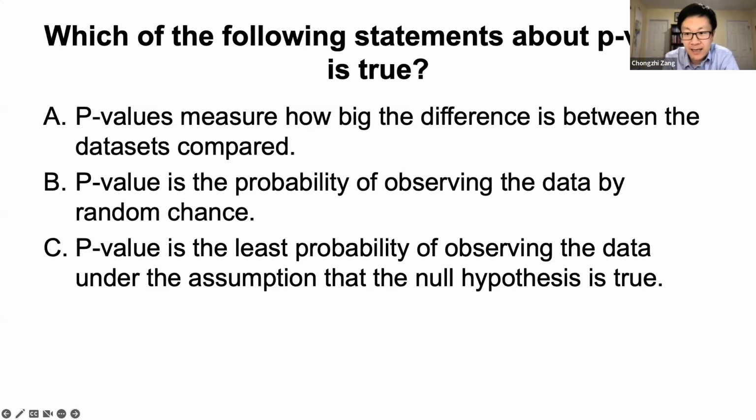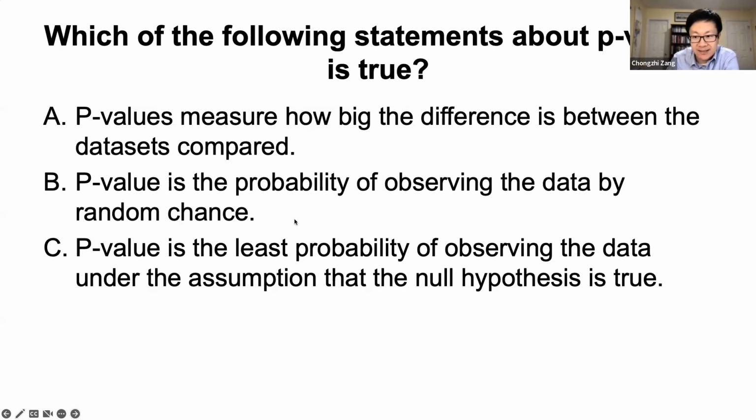So the correct answer is C. Why is B not correct? That's the way we usually have the misunderstanding about p-value. B says p-value is the probability of observing the data by random chance.